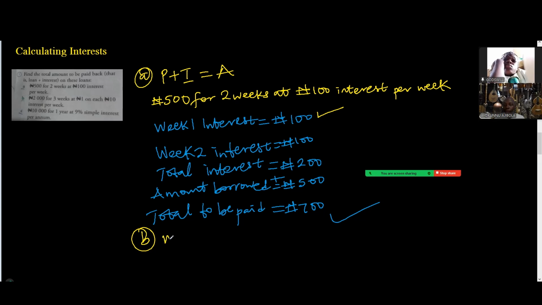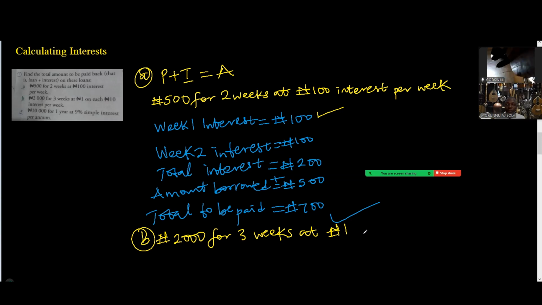So, let me firstly put it down and say 2,000 naira for 3 weeks at 1 naira interest on every 10 naira.